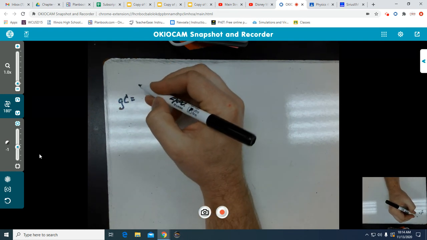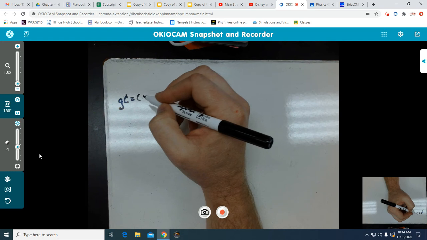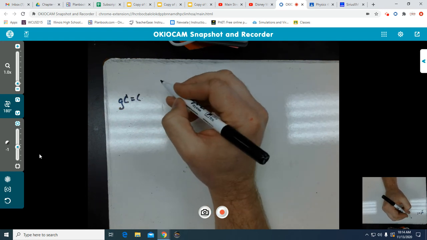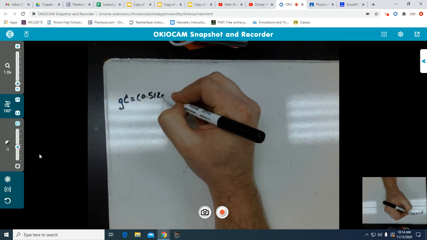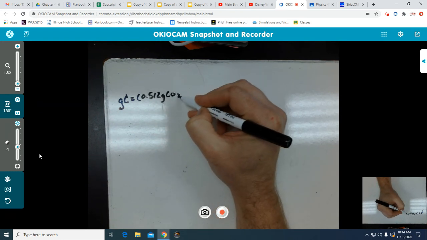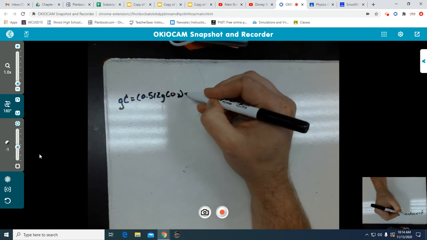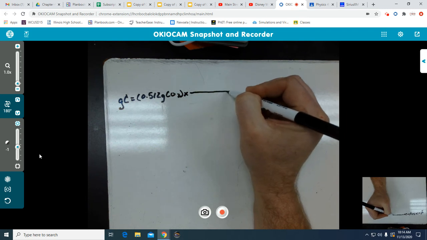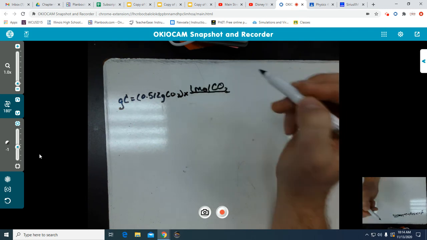According to that flowchart that I told you to write, we write down our given. We were told that we have 0.512 grams of CO2. We then need to go from grams of CO2 to moles of CO2 by using the molar mass.